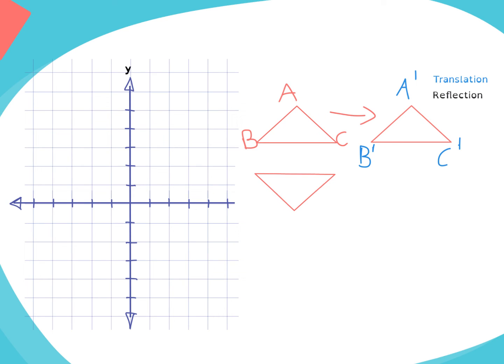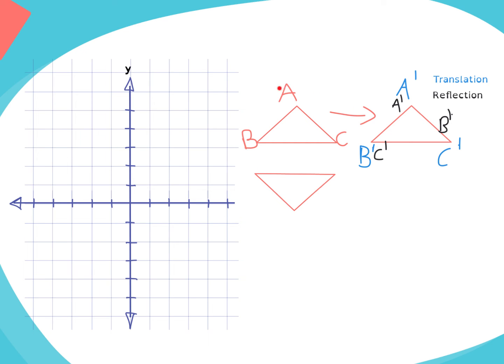I could take this shape and reflect it about a mirror line here to get this shape here. So if it was reflected, it would still be A up here, but B would be reflected over here, and C would be reflected over here. So the vertices in black are how they would appear if the shape was reflected.